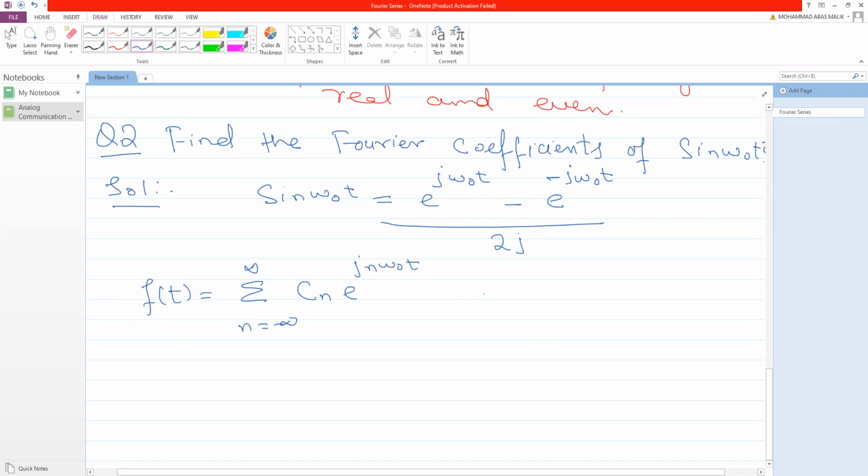On comparison of the second and first equations, what will you get? You will get C of 1 equal to 1 by 2j and C of minus 1 equal to minus 1 by 2j, and all other Cn equal to 0 for other n.